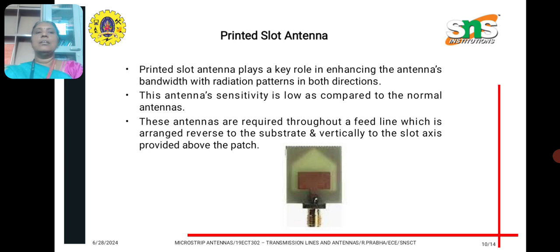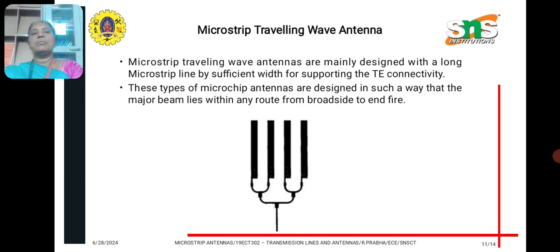The printed slot antenna plays a key role in enhancing the antenna's bandwidth, with radiation patterns in both directions. The antenna sensitivity is low as compared to normal antennas. These antennas require a feed line which is arranged reverse to the substrate and vertically to the slot axis provided above the patch.